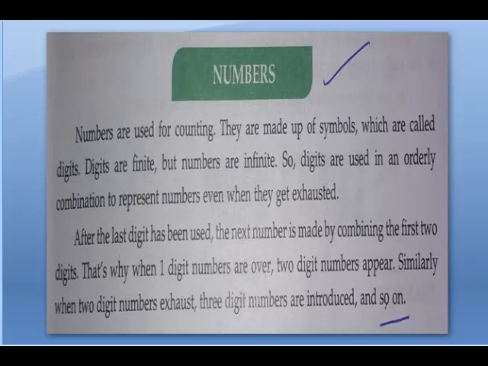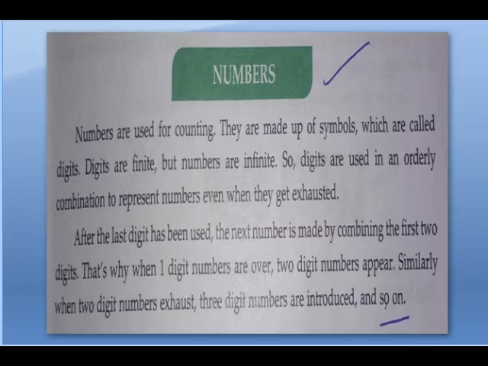Using these digits we are able to write numbers 1, 2, 3, 4, 5, 6, 7, 8, 9, 10, 11, 12, like this it will go on and on. We cannot find the end of numbers, so it is infinite.